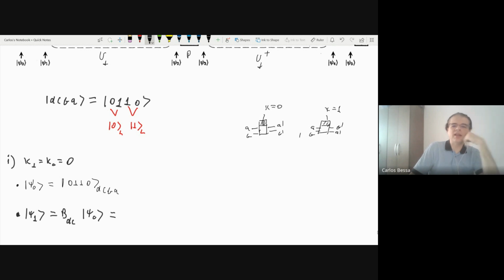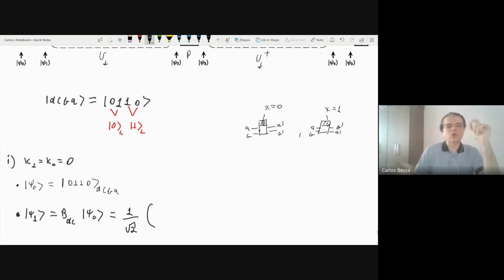It acts like a Hadamard gate. So this will give us this thing here. And this is the logical 0. So the Hadamard gate, when applied to the logical 0, gives a superposition of 0 and 1.